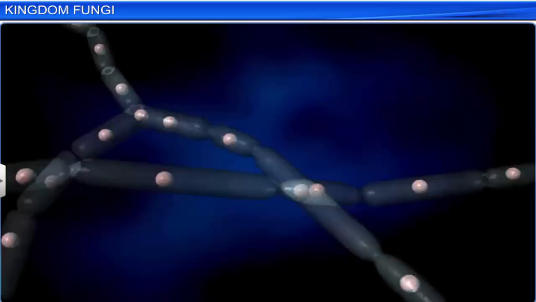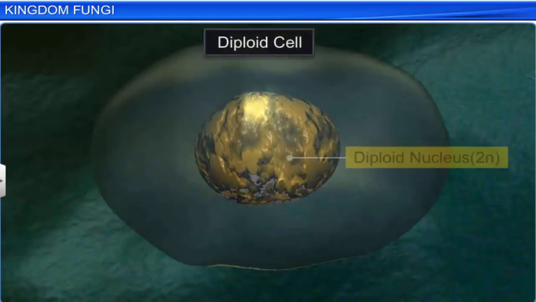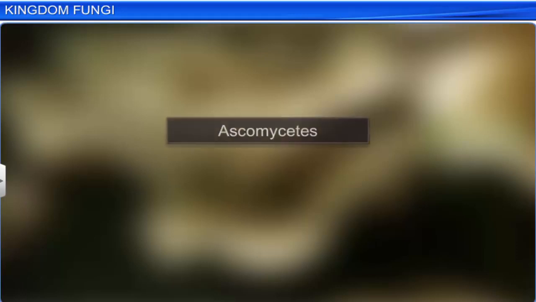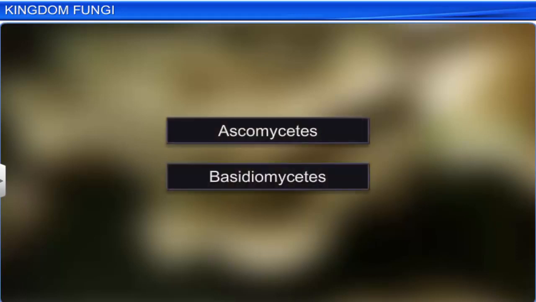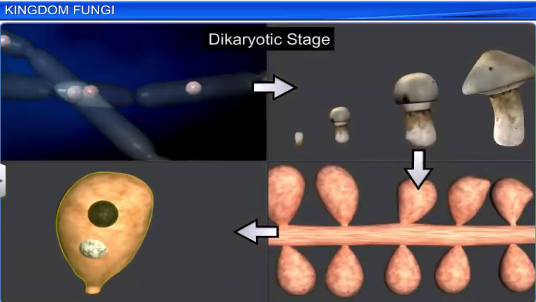In some fungi, the fusion of two haploid cells immediately results in the formation of diploid cells, or 2N. In other fungi, like ascomycetes and basidiomycetes, an intervening dikaryotic stage occurs.